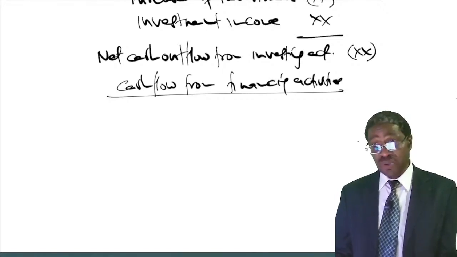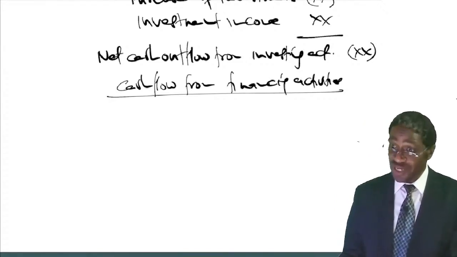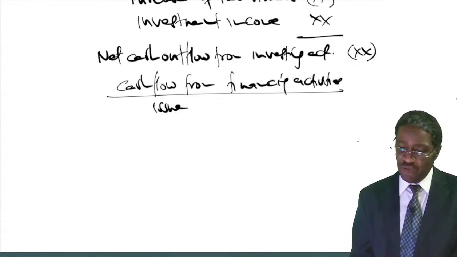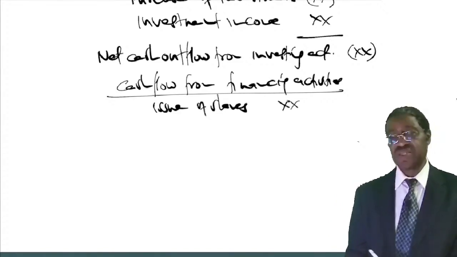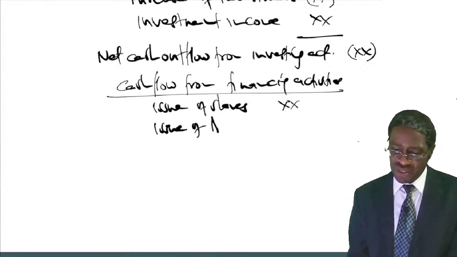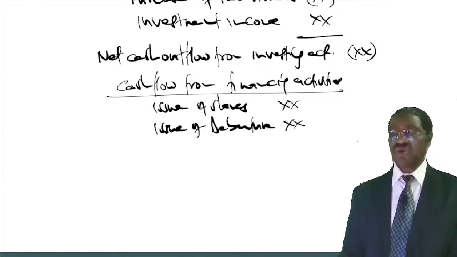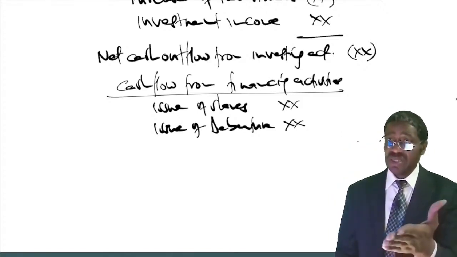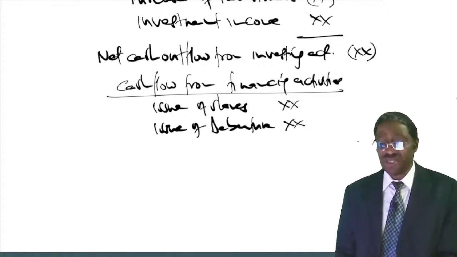For example, you as a company, you could have borrowed, or you want to finance your company by issuing shares. One of the examples of financing activity is issue of shares. Another one could be issue of debentures. Maybe you issued some debentures, borrowed finances. Maybe this year you repaid part of your loan, still part of financing.